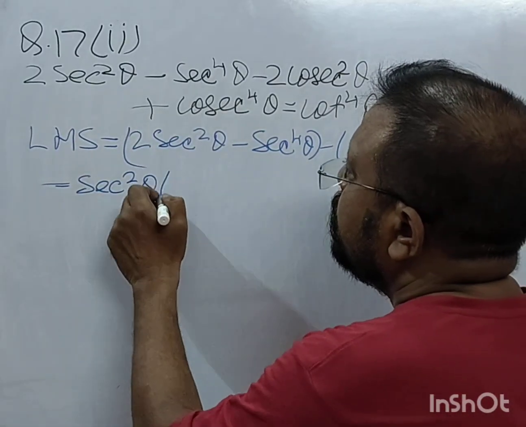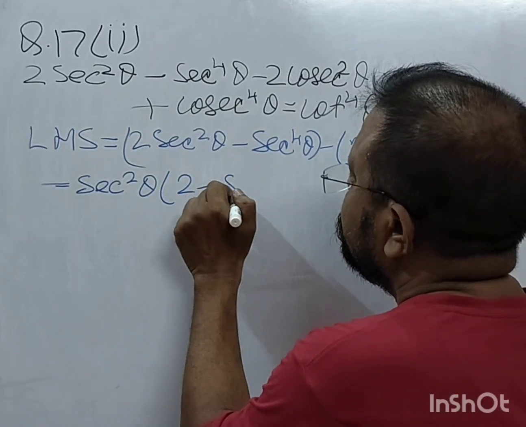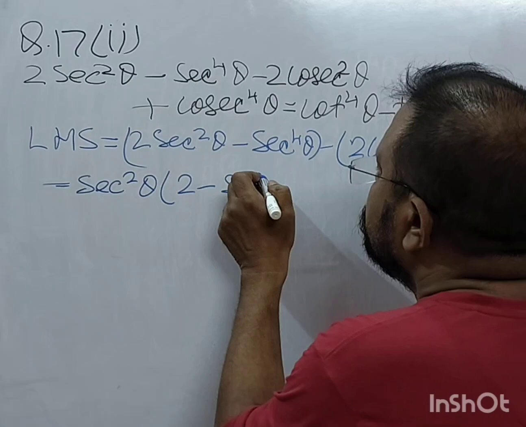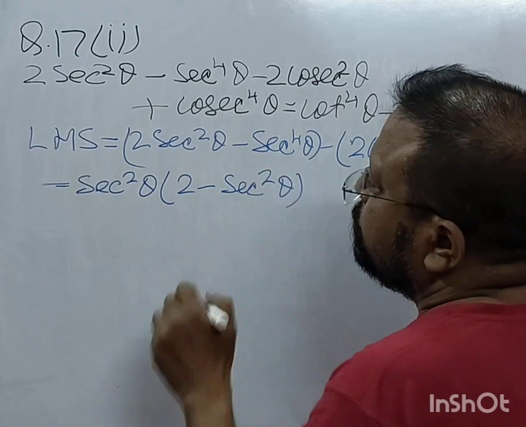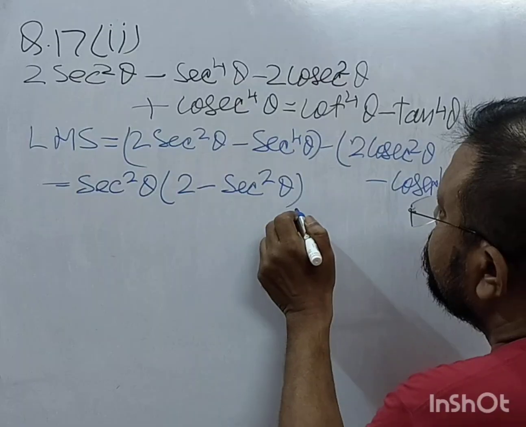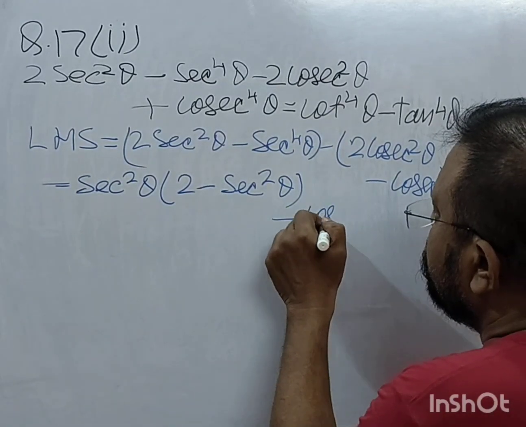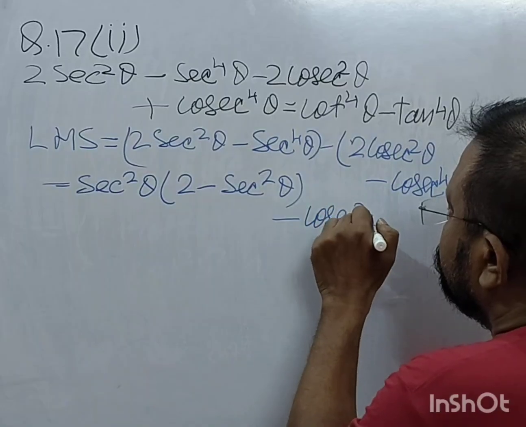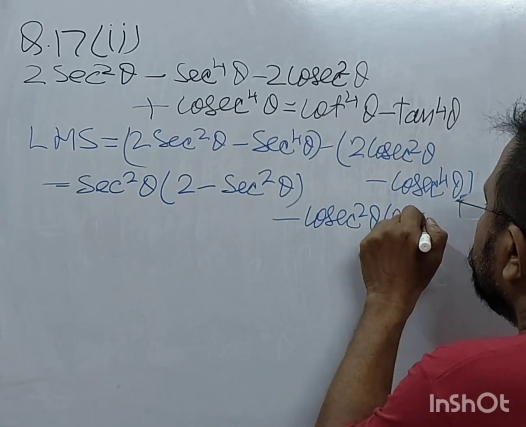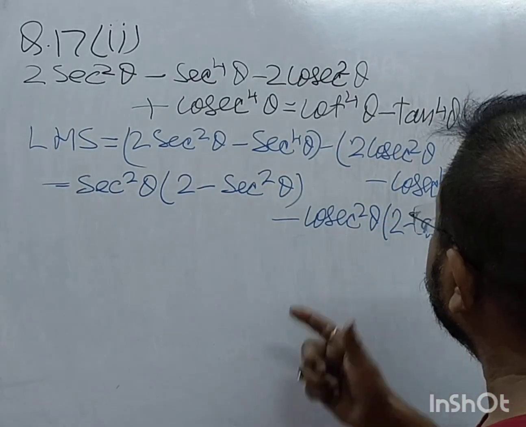So you get 2 minus sec square theta, and minus, if you take cosec square theta common, you get 2 minus cosec square theta, right?